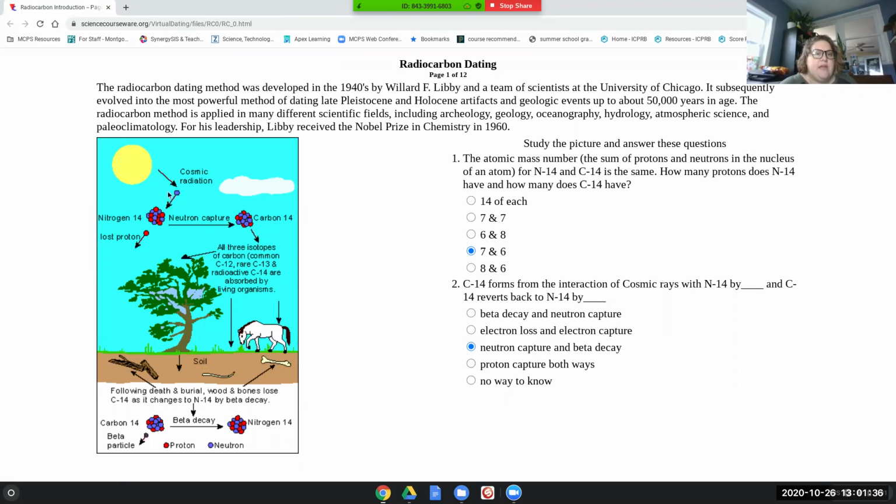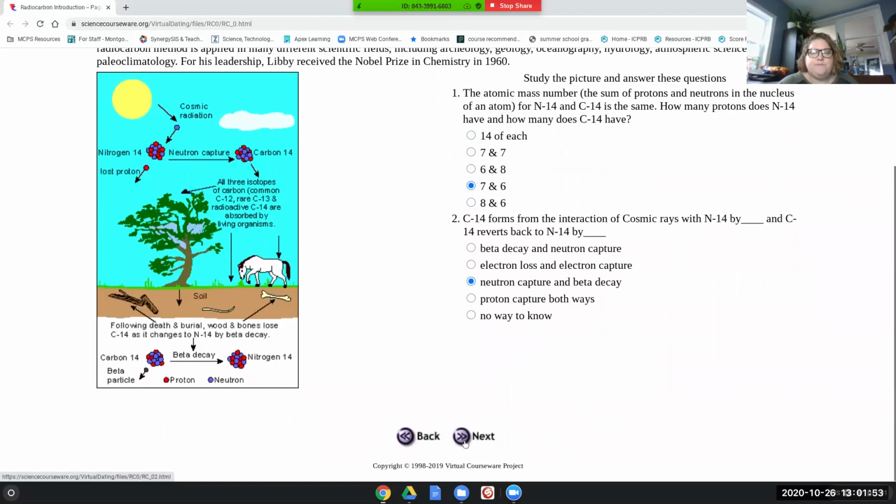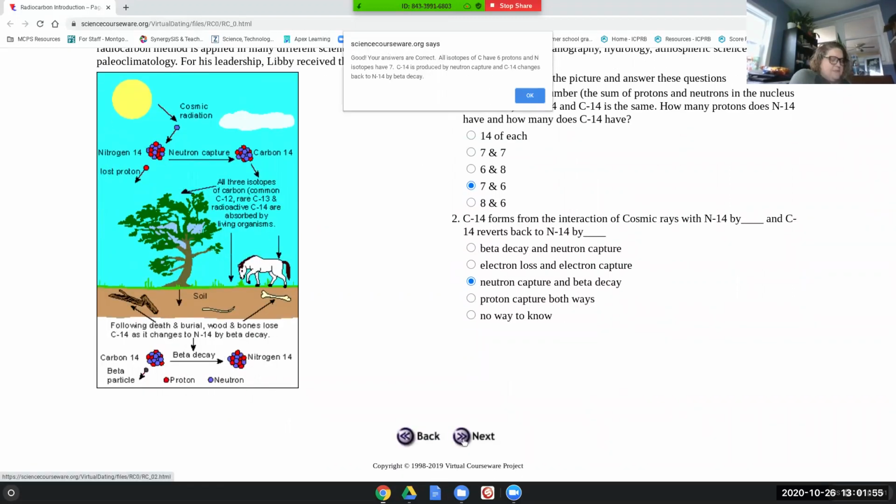So N14 cosmic rays turn into carbon-14 by neutron capture. Down here, carbon-14 turns back to nitrogen-14 by beta decay. But because it asks for cosmic rays and N14 first, neutron capture has to be first. And if you're not sure, you won't be allowed to go to the next page until your answers are correct.